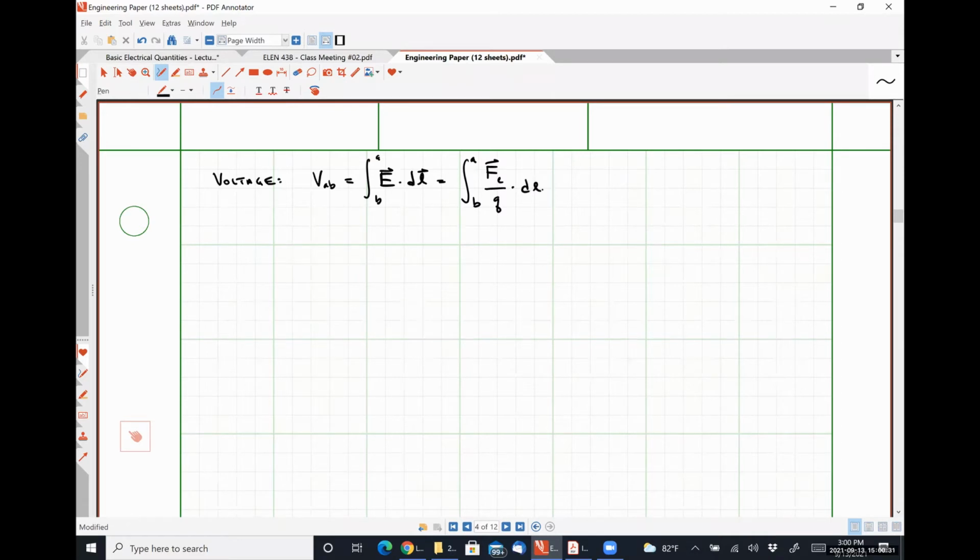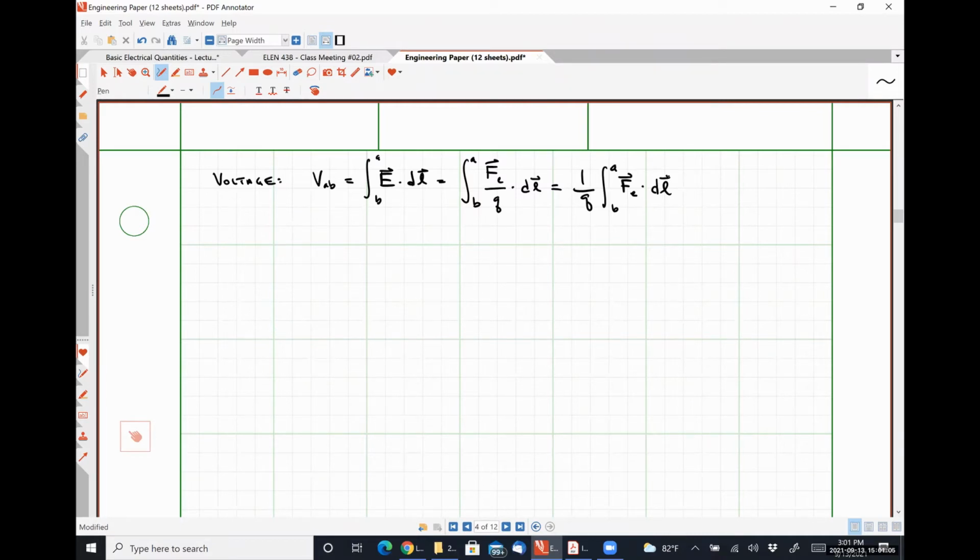Multiplied or dotted into this differential line element. And I'm going to take that 1 over q factor and move it outside of the integral because it's a constant. And so that's going to leave me with 1 over q times the integral of force dotted into length. So if we throw that 1 over q bit away, what is that integral?